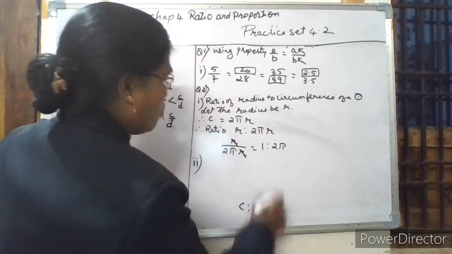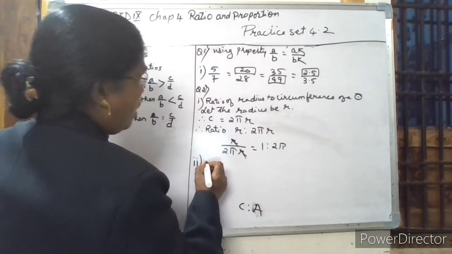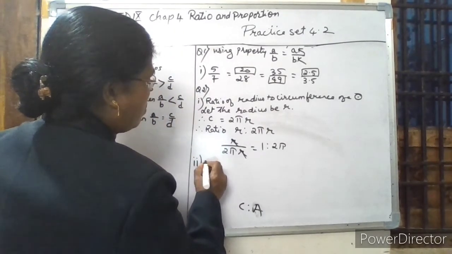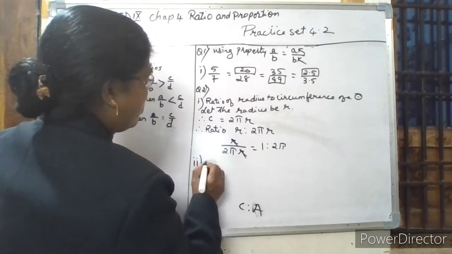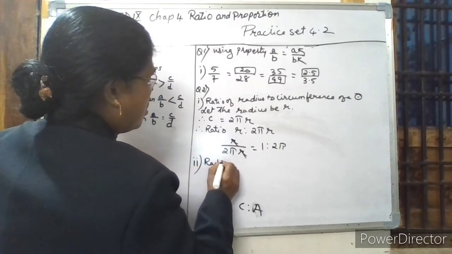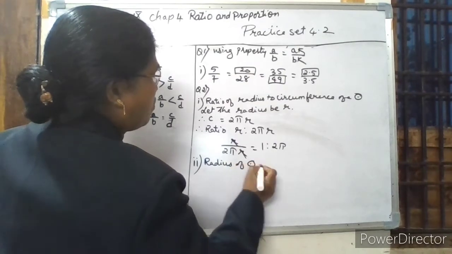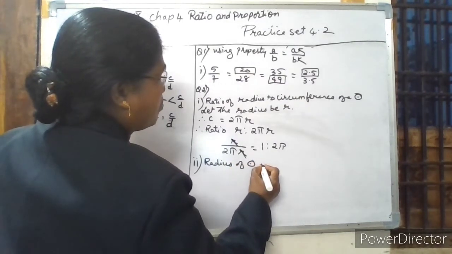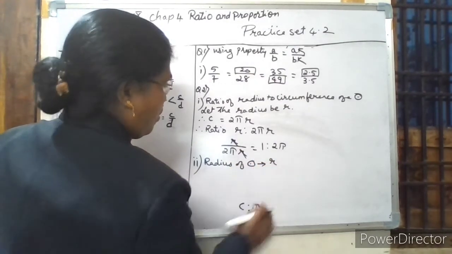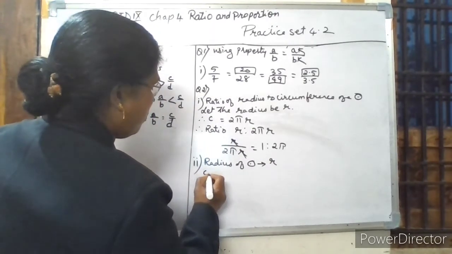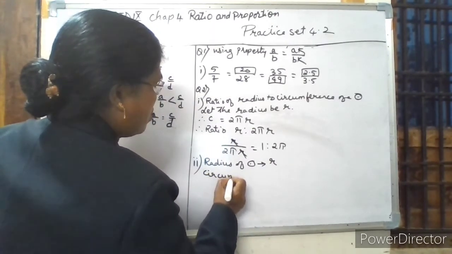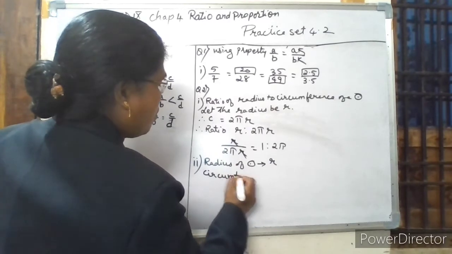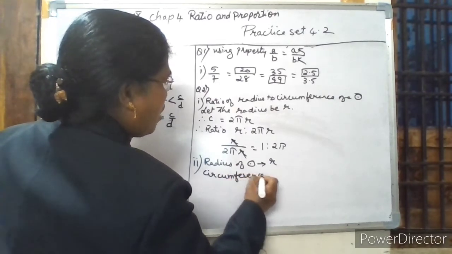The radius of the circle is given as R. So circumference will be equal to 2 pi R.